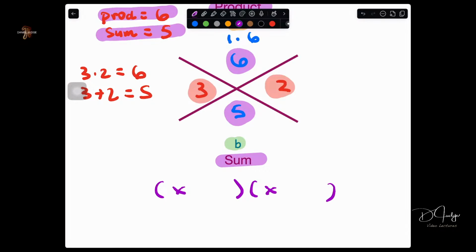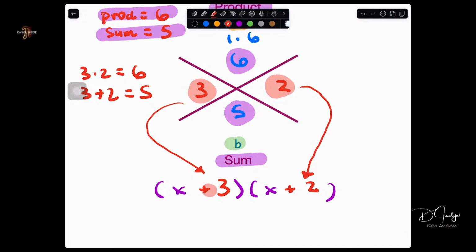Because that first number was a positive 3, we just put x plus 3. And because the second number is a positive 2, we just put x plus 2.